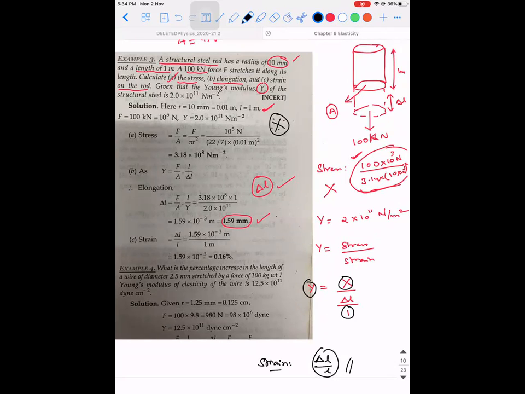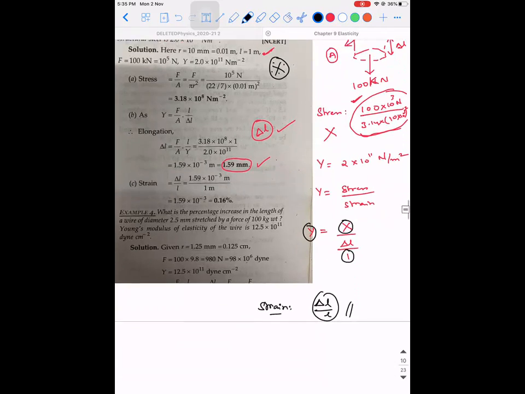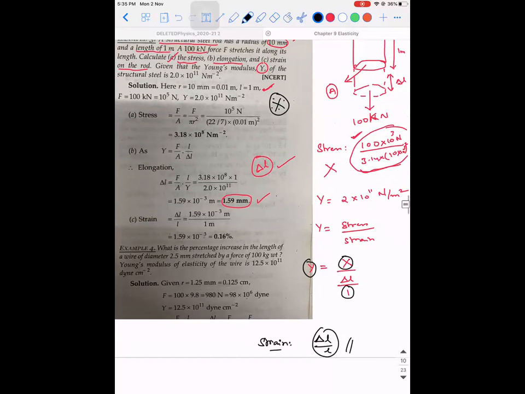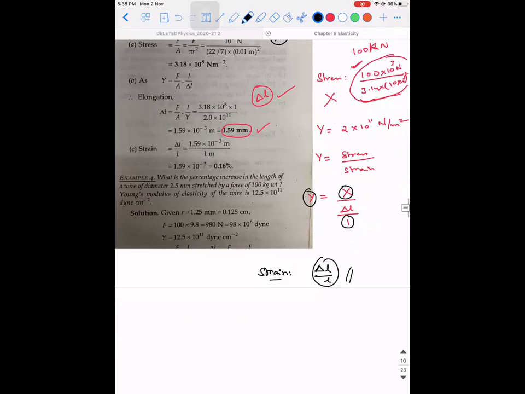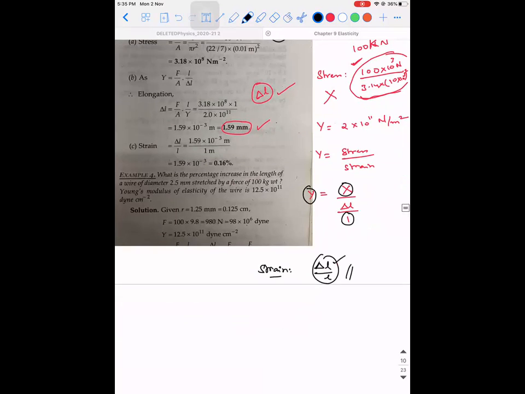Sir, can you explain that elongation part, sir? Yeah. See, when they have asked the elongation, I need to find out what is delta L. That's what is elongation. So to find delta L, you have two formulae. One is either I can use strain or I can use Young's modulus, which is indirectly related to strain.